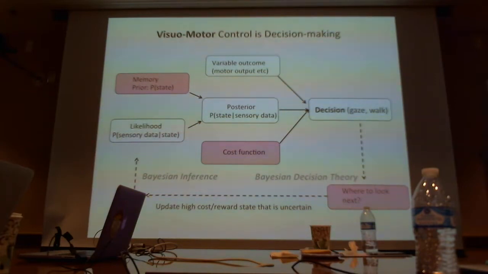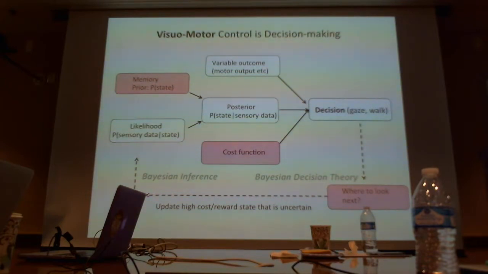And so I'll just change the title to visual motor control as decision making. The things that we've talked about here: we've talked about memory, or we can think of the importance of prior. So you've got sensory data, and your prior, or your information stored in memory, to estimate the state of the world.